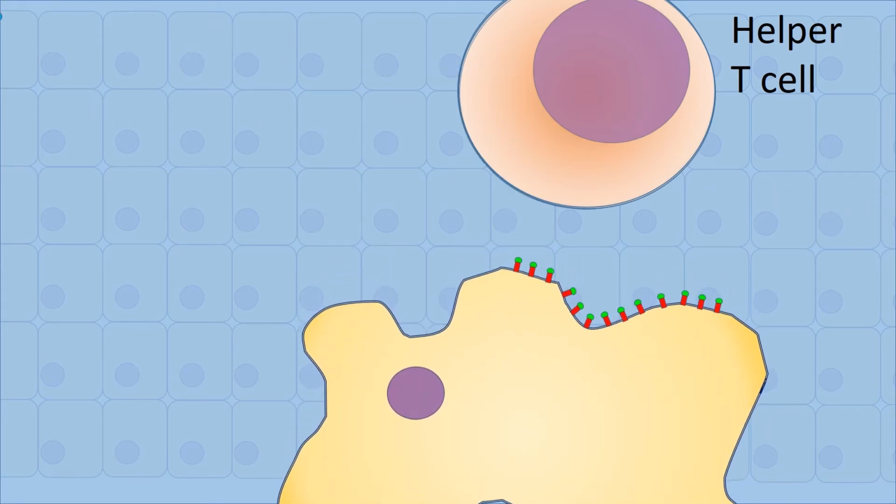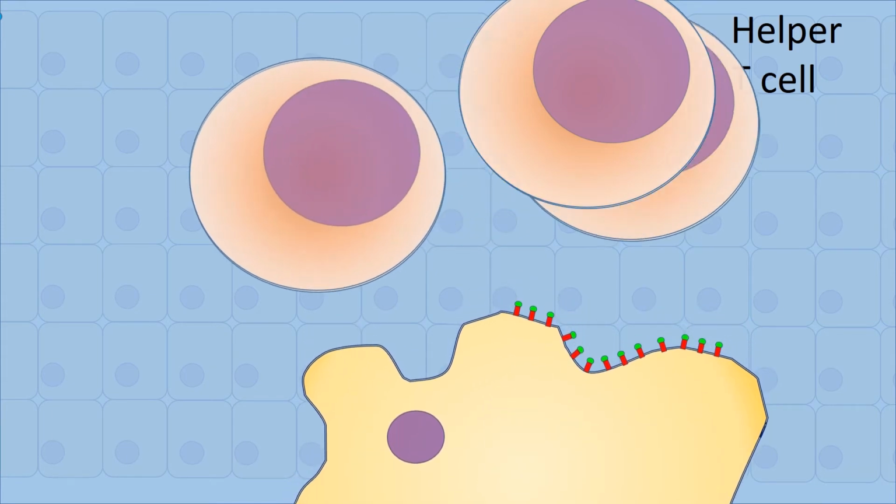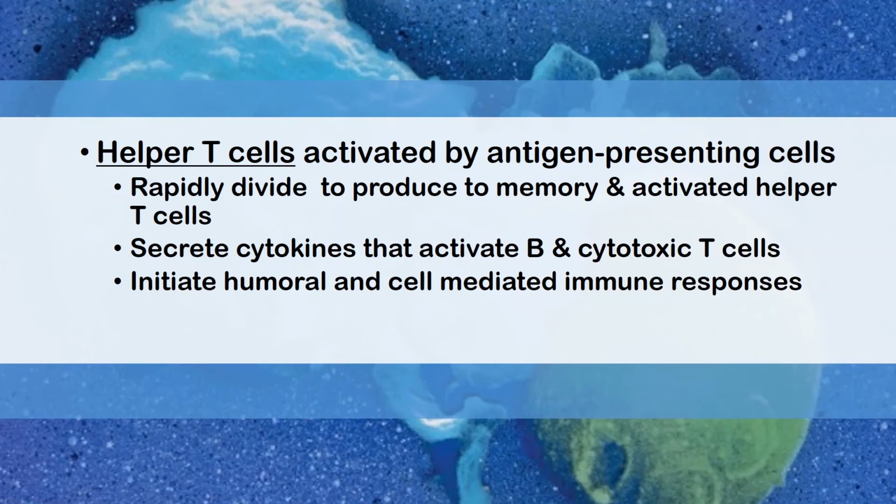Those helper T cells, once they've been activated by an antigen-presenting cell, will rapidly divide into memory and activated helper T cells. They will then secrete cytokines that will activate B cells and cytotoxic T cells, and they will initiate both the humoral and cell-mediated responses.